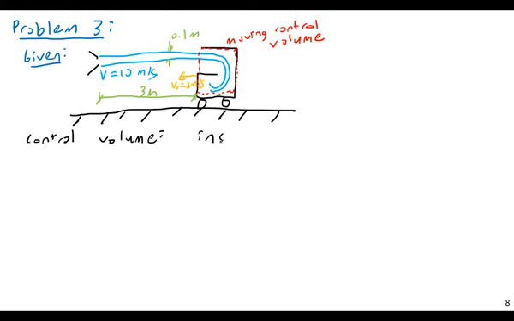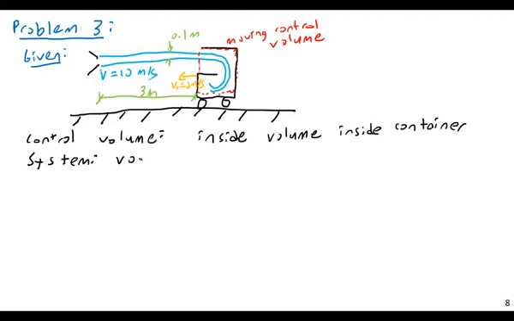So this is really illustrating the difference between control volume and system. The system, however, is the volume of water, the water itself, the water in the tank and in the air.